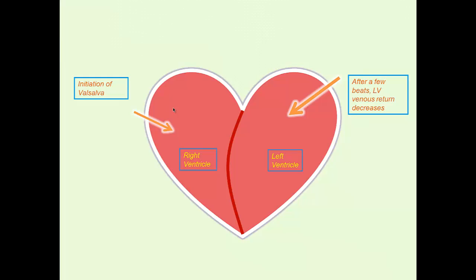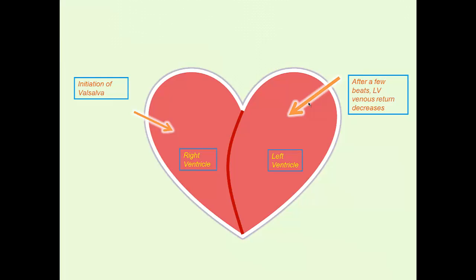So that diminished venous return with the initiation of Valsalva, then after a few cardiac cycles makes its way down to pulmonary venous return, and left ventricular venous return starts to decrease. And again, this starts to occur when the Valsalva occurs over a period of prolonged seconds. This isn't like a short increase in intrathoracic pressure, like you may have with a mechanical ventilator.